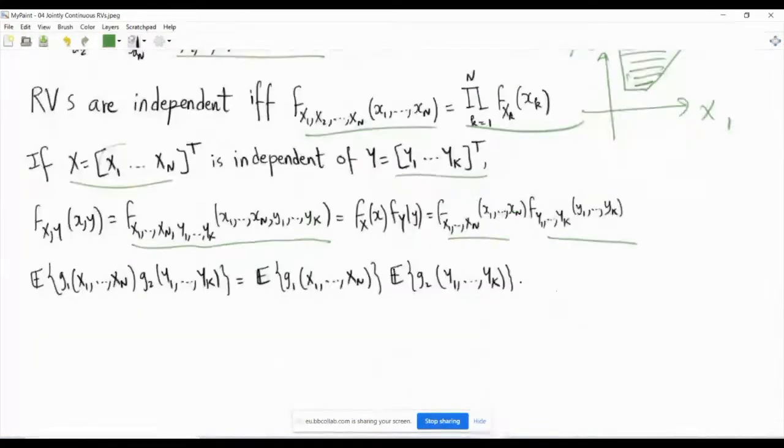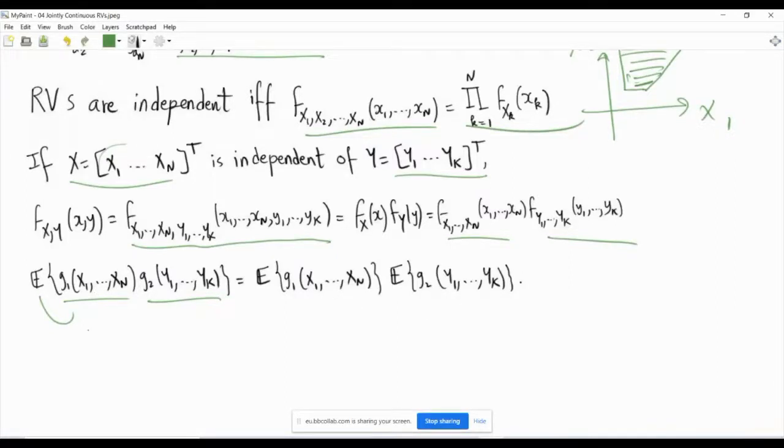If you have independence, then when you take the expectation of a function of the x's and another function of the y's, if the x's and y's are independent, you can say that the expectation of the product is the product of expectations.